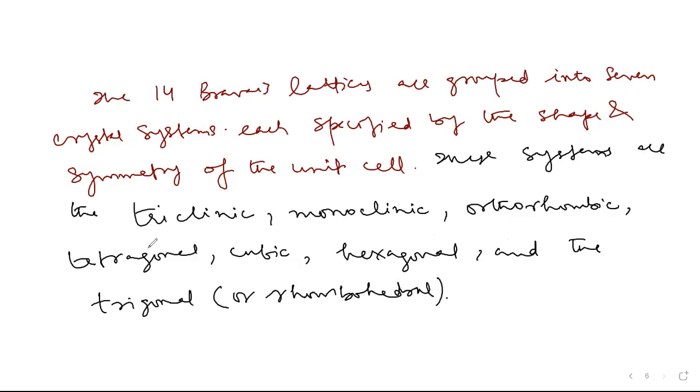So we have 7 crystal systems. Underline them. Triclinic, monoclinic, orthorhombic, tetragonal, cubic, hexagonal, and trigonal or rhombohedral. Now in every case, the cell is a parallelepiped.